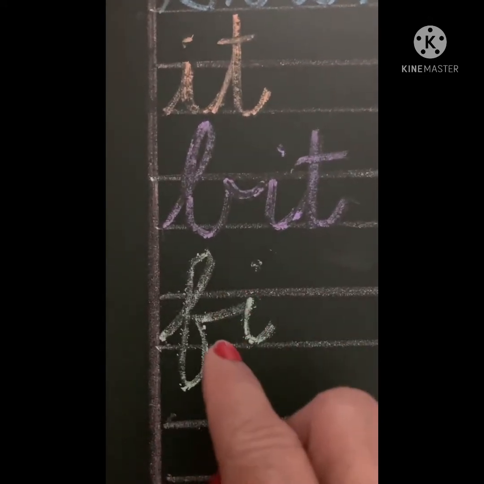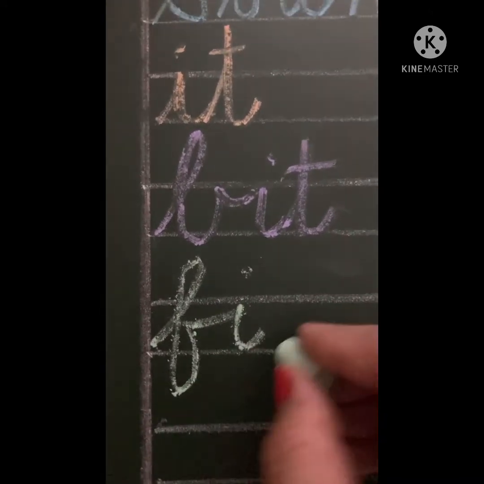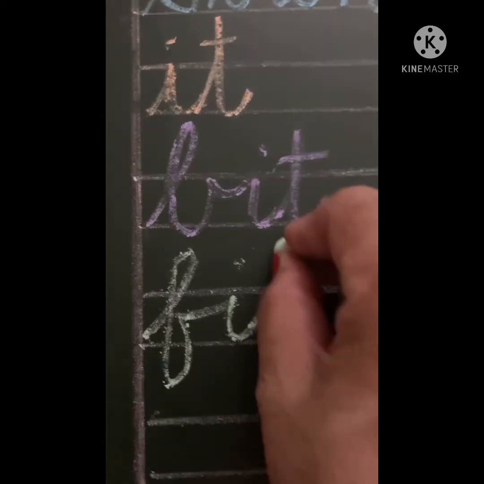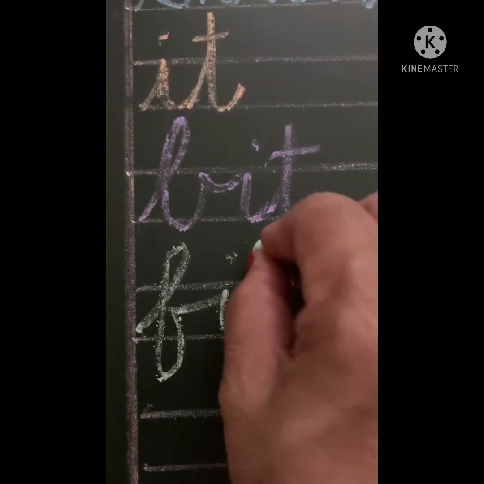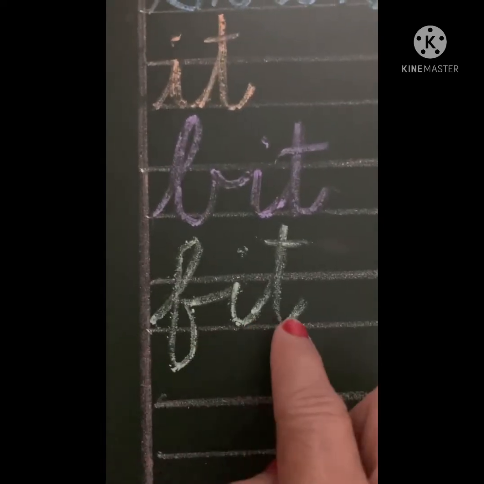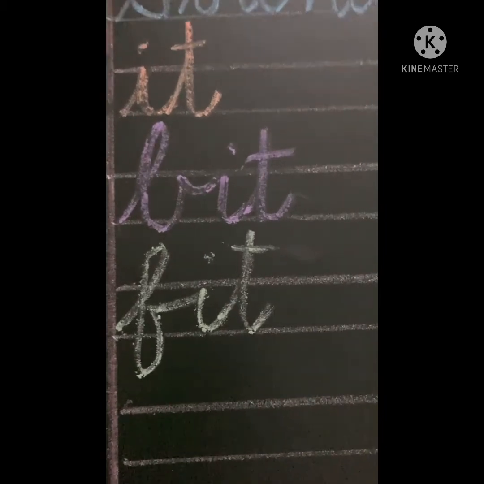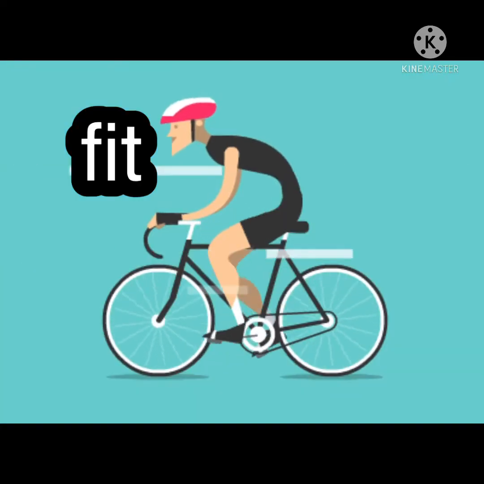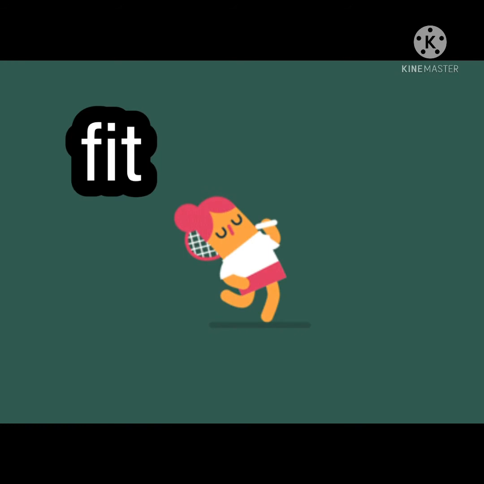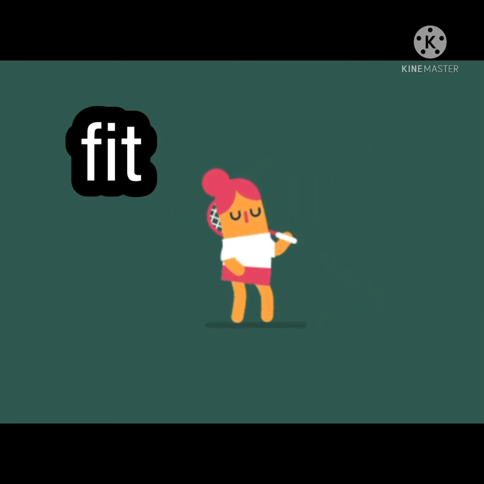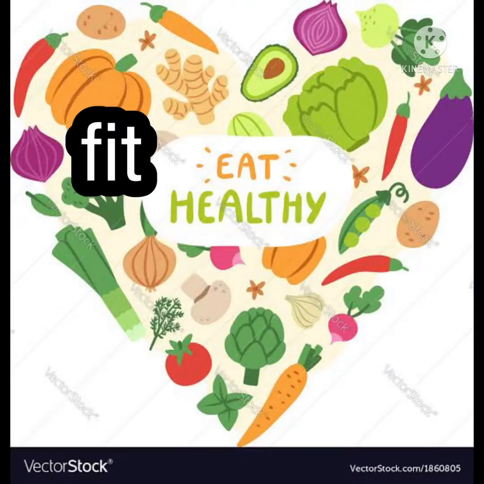The pre-flick of the I is omitted. So extend its flick and make the T. F, it, fit. We can stay fit by exercising, cycling, playing games, skipping rope, and above all, eating healthy food.